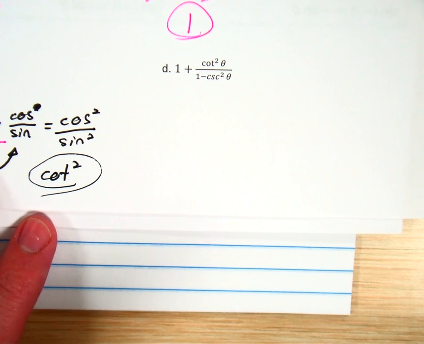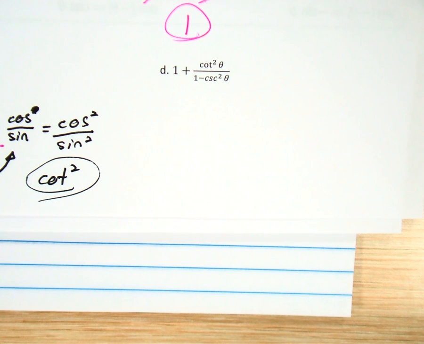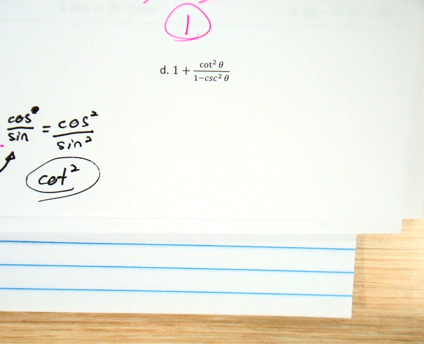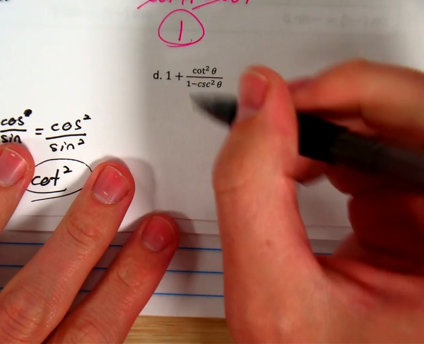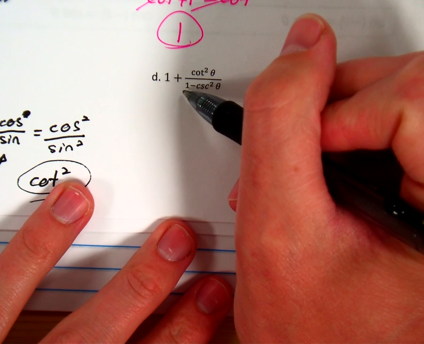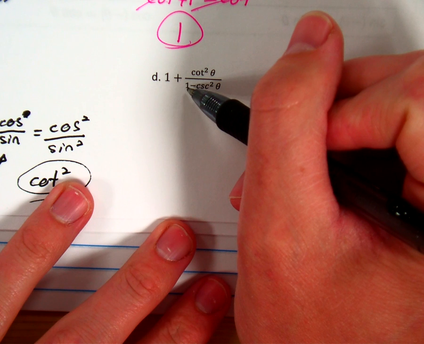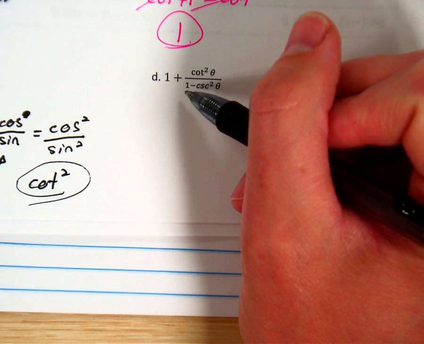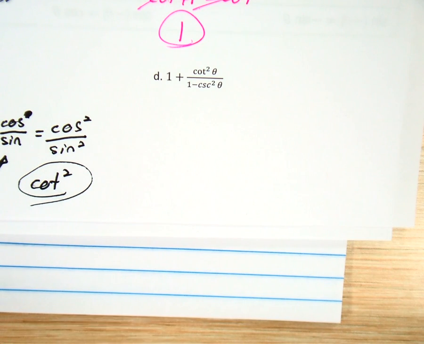Bottom right, we got 1 plus cotangent squared over 1 minus cosecant squared. So we're going to have a lot of details going on here. I'm going to leave that 1 alone for now, and I'm just going to mainly work right here. We're not going to have a very good direct substitution, I don't think.